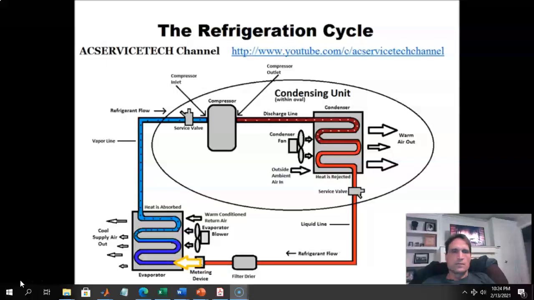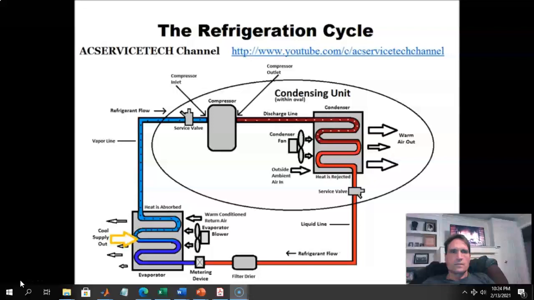So the refrigerant is actually absorbing heat once it enters into the evaporator coil. As it absorbs enough heat, it turns into that saturated state in the middle of the evaporator coil, all right, where most of the energy absorption is taking place. And then right after that is where it turns into a low pressure, low temperature vapor.